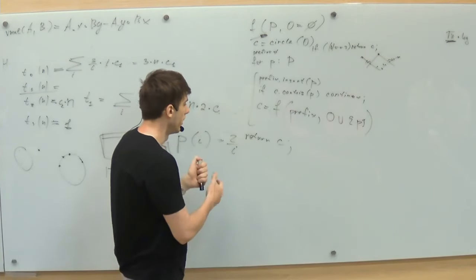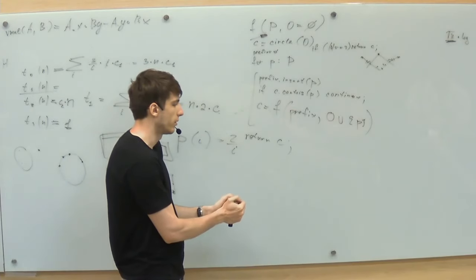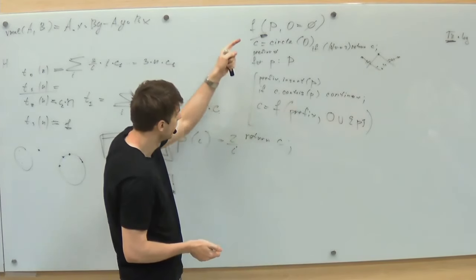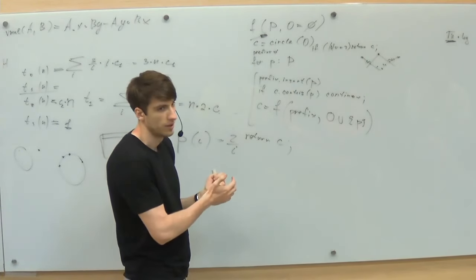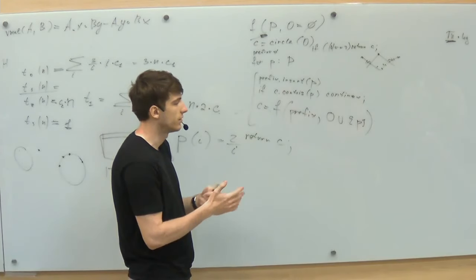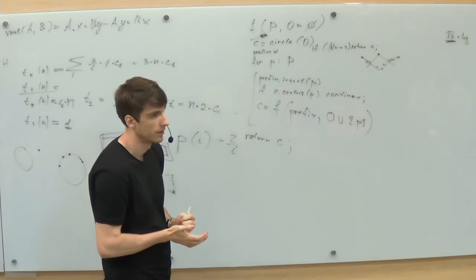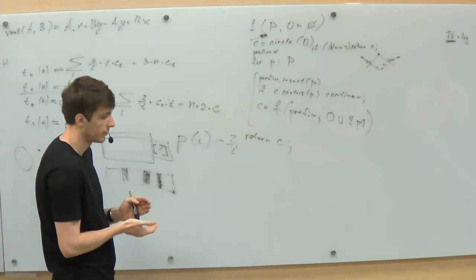And once we prove that the point should go on the boundary, we just call another method which believes that we only need to consider circles with this point on the boundary. So it's kind of a distribution of responsibility.